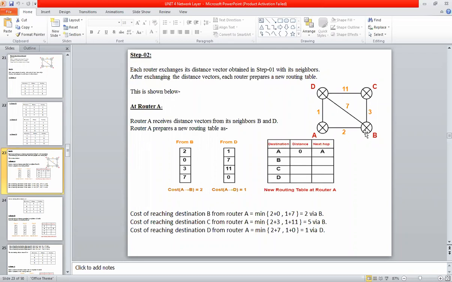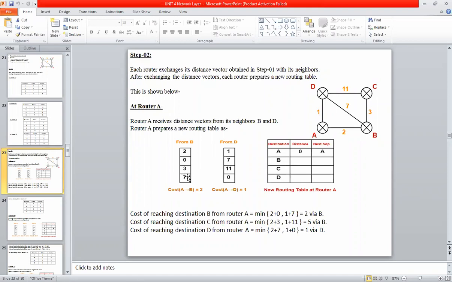After that, C is there. A, B, C. So what is the distance from B to C? That is 3. Got it? And similarly from B to D, that is 7.